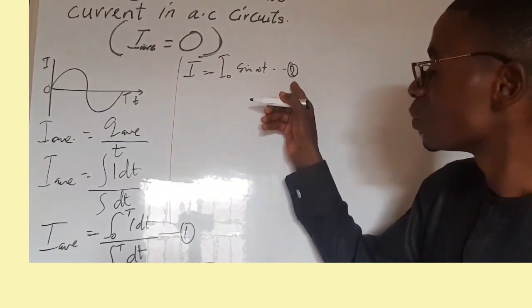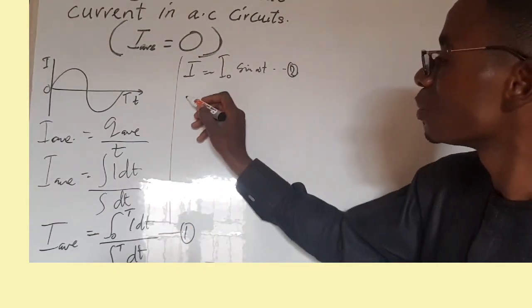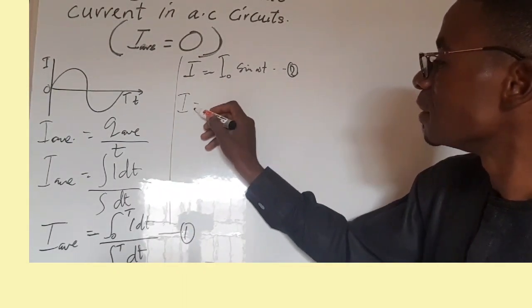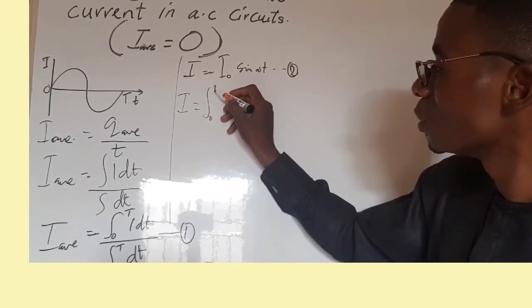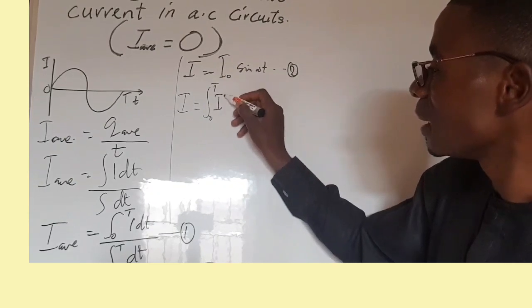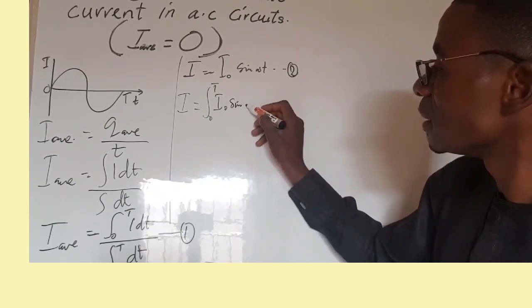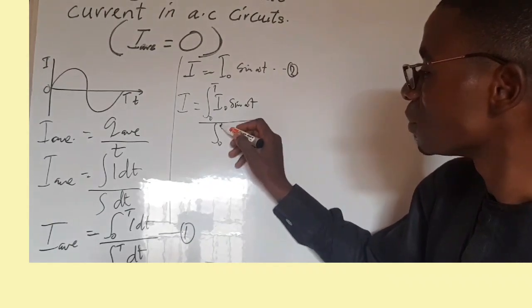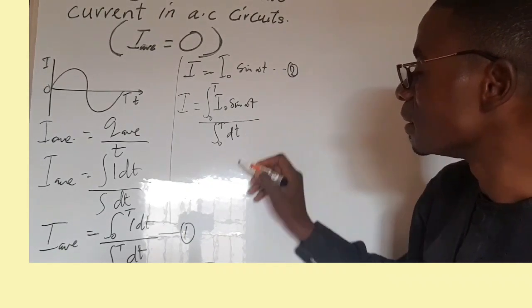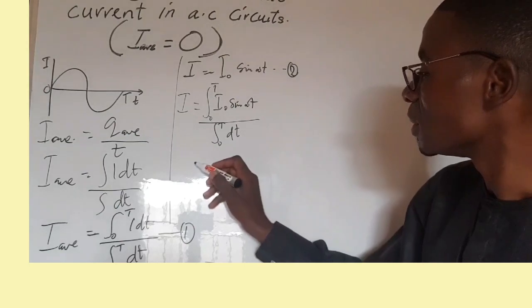If you substitute equation 2 into equation 1, we're going to have I average equal to integral from 0 to T of I naught sine omega t all over integral from 0 to T of dt. So we will integrate it immediately.